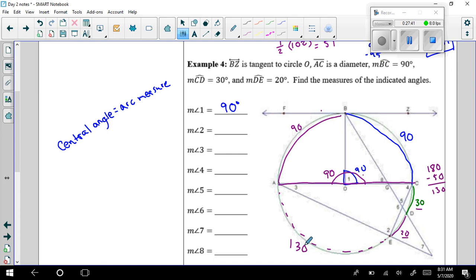And now we have all of those. So this angle 2 is inscribed. The intercepted arc is 180 degrees because it's 90 and 90. So angle 2 is half of that. So angle 2 is also 90 degrees.